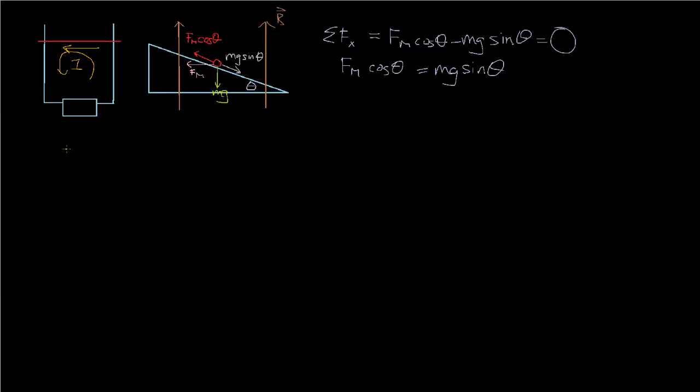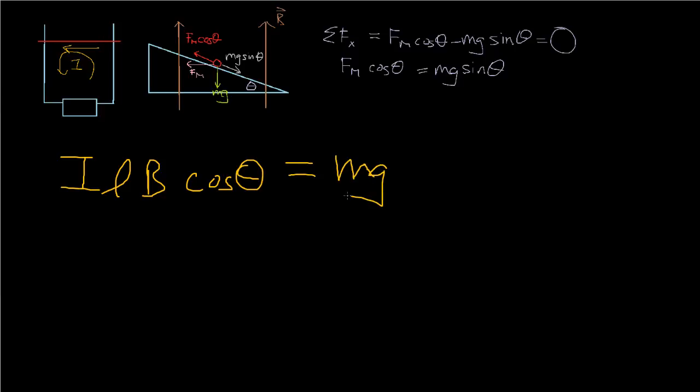So we can just sub everything in. Instead of Fm, we put I, L, B, cosine theta. Remember, these aren't vectors anymore, they're scalar quantities for now. Equals mg sine theta. So what was the question asking again? It was asking how strong our current needs to be.